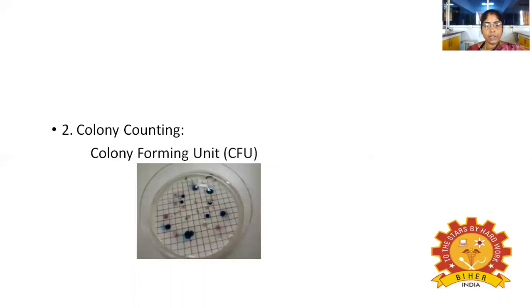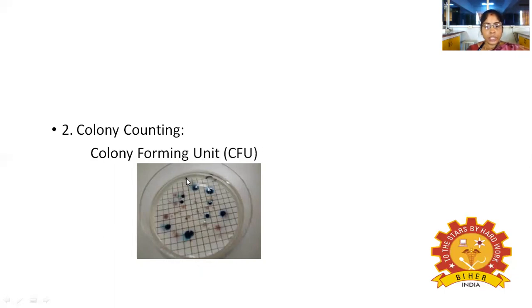Okay, so the second one is the colony count. Here we take the grown bacterial culture and plate it on an agar plate, once it has solidified and cooled after sterilization. Then we place the bacterial cell culture on it and spread it on the plate using the L rod method.